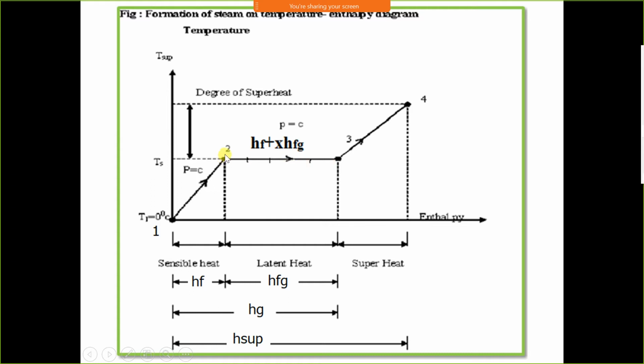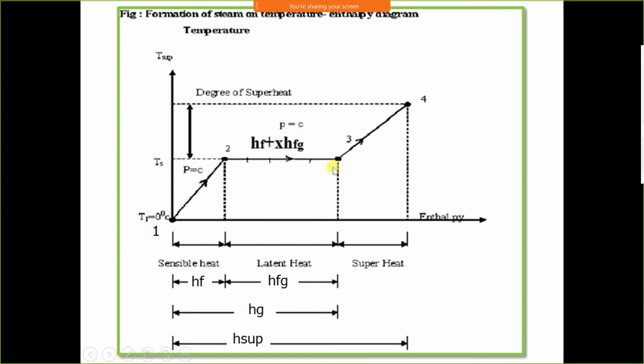To convert liquid phase into vapor phase, we have to supply latent heat, and latent heat is represented by HFG. HFG means enthalpy of conversion of liquid into gas. F stands for liquid and G stands for gas. Therefore, enthalpy required to convert liquid into gas is called latent heat and is represented by HFG.